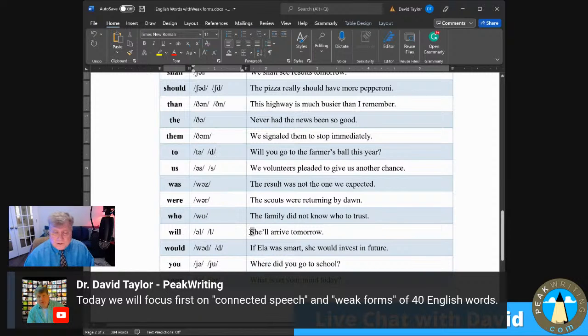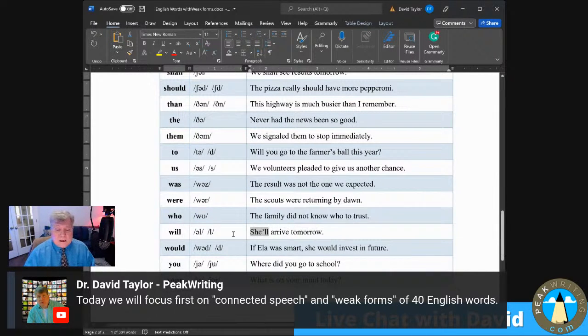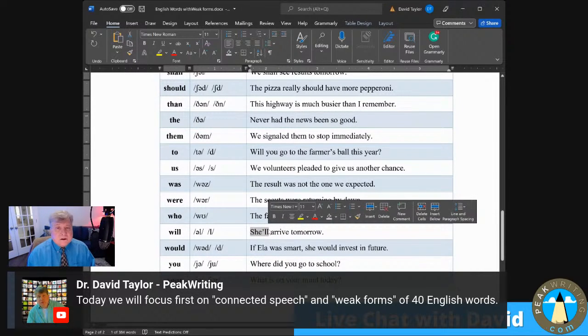Let's point this one out. If you don't already know this, please learn it right now. Any apostrophe in a contraction indicates a shortened syllable. So all the apostrophe is doing is alerting you to the fact that you will be using a weak form of the verb, not a strong form.